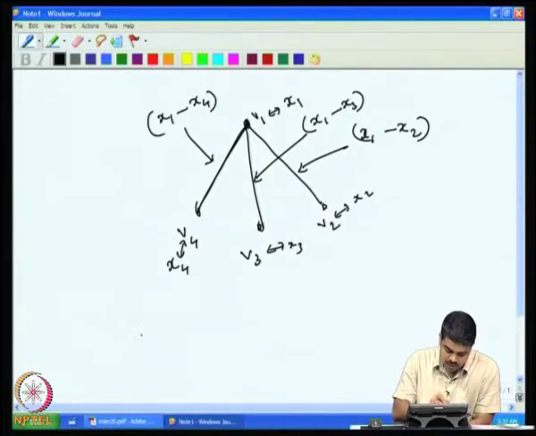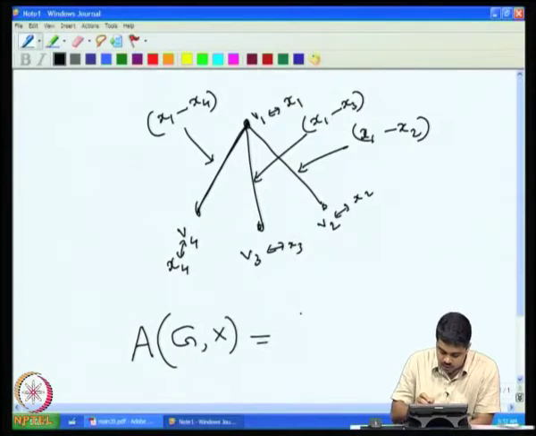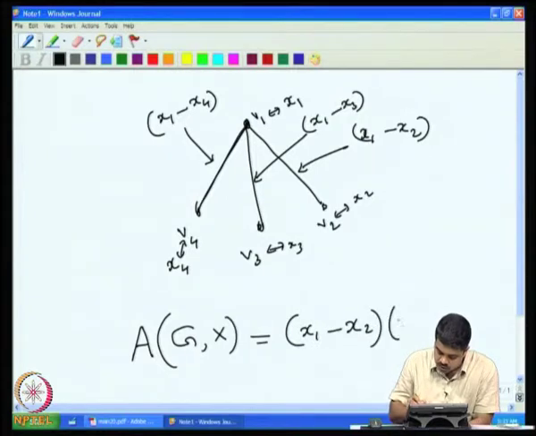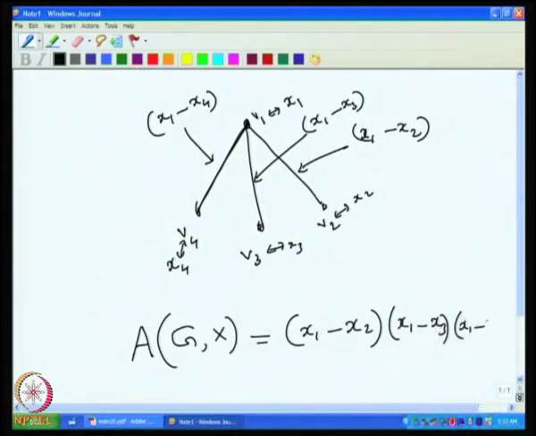So, the adjacency polynomial A_G of x for this will be equal to (x1 minus x2) into (x1 minus x3) into (x1 minus x4). This will be the polynomial for this.